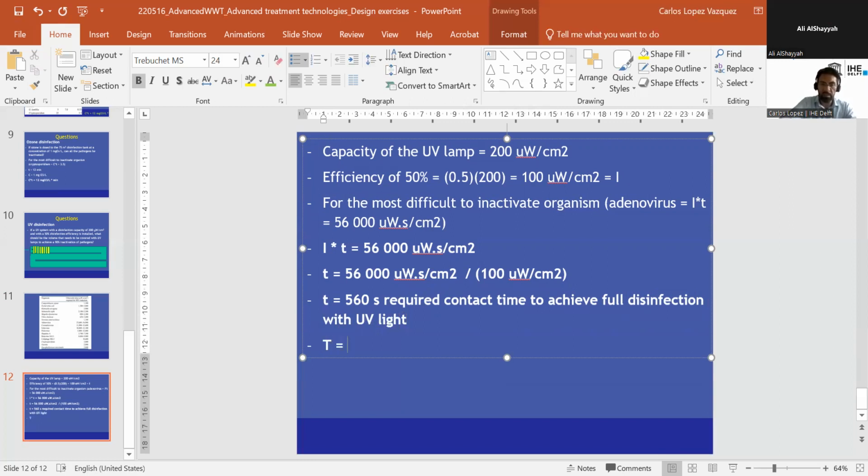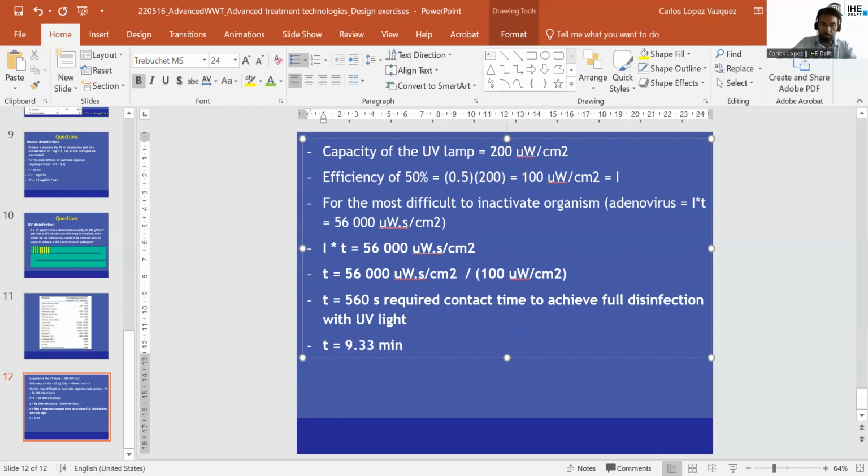How much is it? So 560 seconds. In minutes, if I divide by 60, I will get the minutes. I get 9.33 minutes. These are the 560 seconds. My current contact time is 12 minutes, and I need only 9.33 minutes.